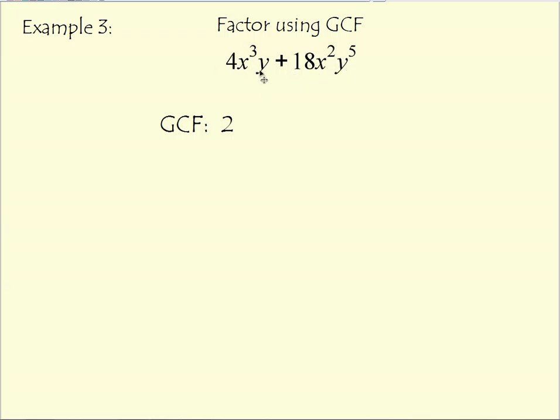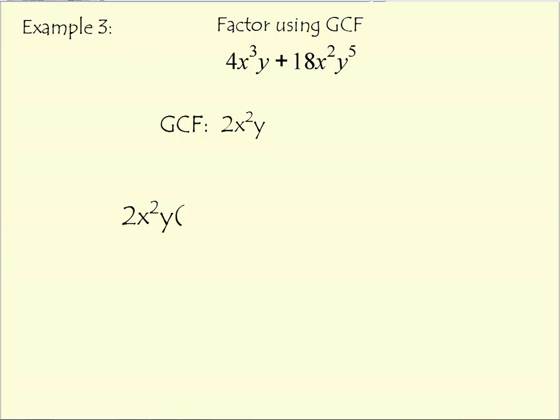How many x's do they have in common? 2 x's, right? So I can pull out 2 of those x's, or x squared. How many y's do they have in common? Since the first term only has one y, I can only pull out one y. That's my greatest common factor. They don't have anything else in common.